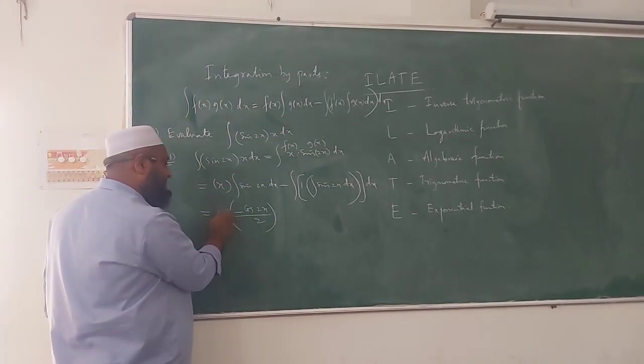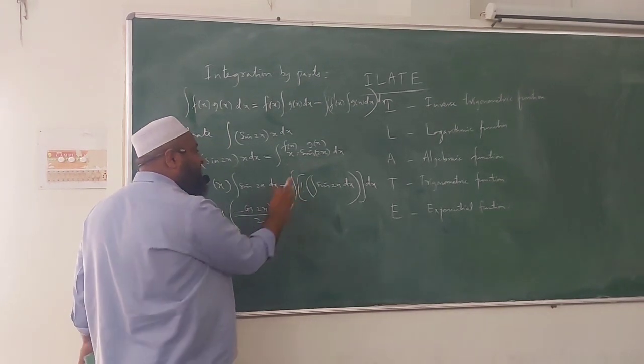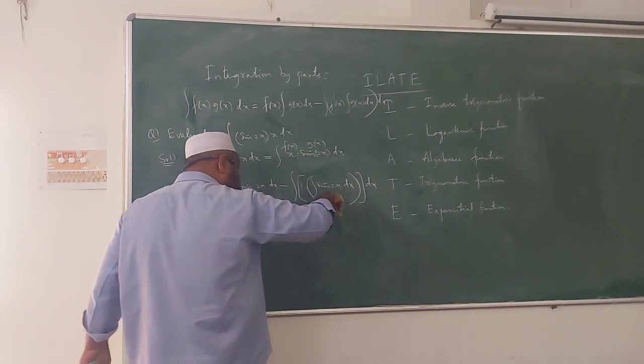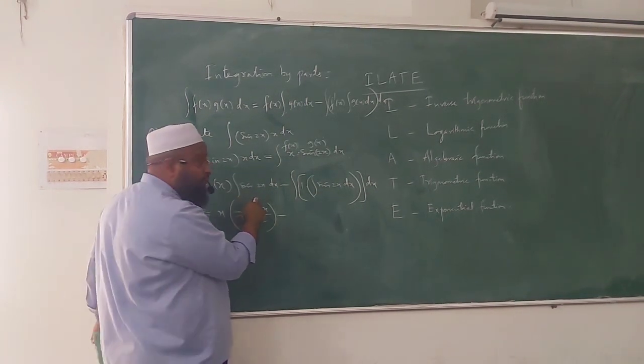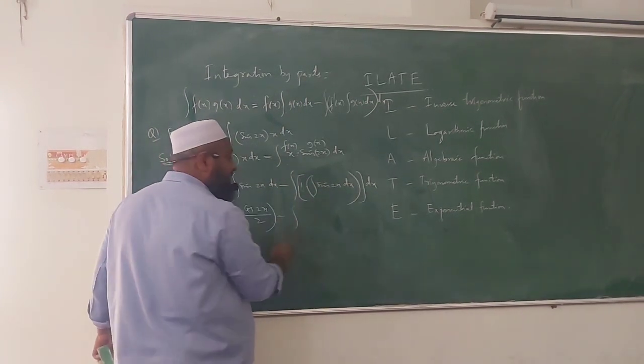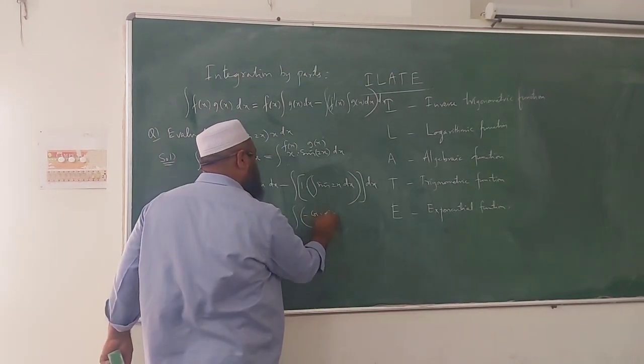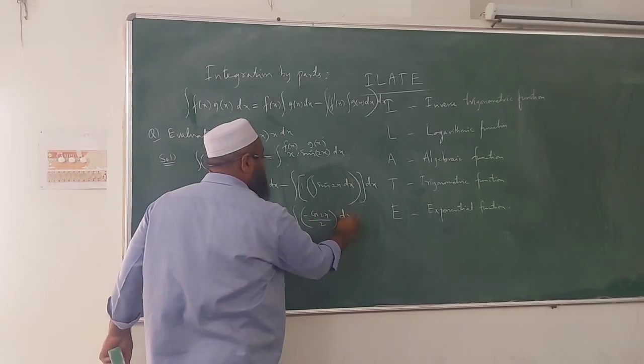So x is there as it is, minus 1 is disappearing. What is this integral? This integral is nothing but the same exactly. So I will just copy this one, integral, this bracket will come as it is, so minus cos 2x by 2 dx.